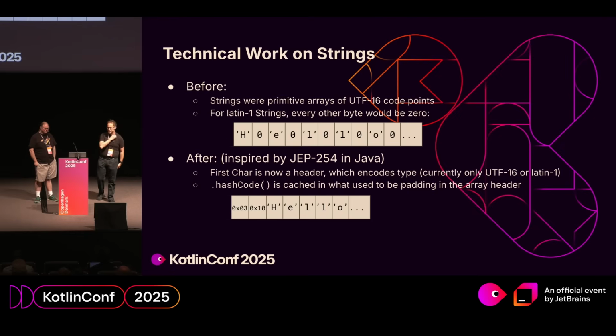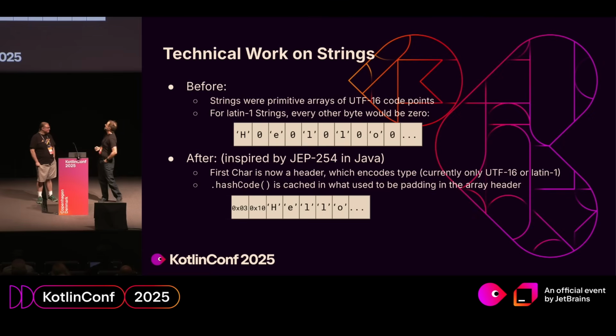The problem here is that for a lot of strings that you encounter, UTF-16 has a lot of wasted space. If you're just using Latin 1 characters, which is very common in source code, for instance, and a lot of the source code ends up in the binary at the end, every other byte is basically going to be 0. You only have very small numerical values in there.